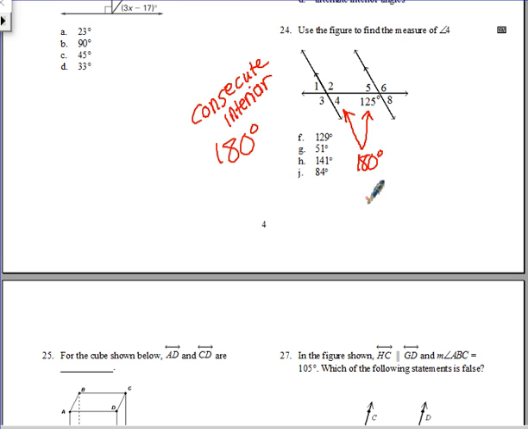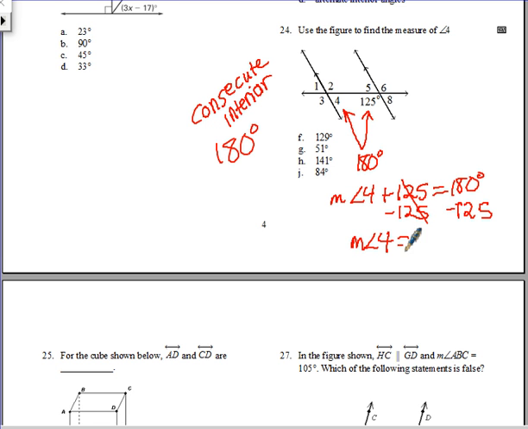So I have here the measure of angle 4 plus 125 equals 180. Subtract 125 from both sides, and we have the measure of angle 4 is equal to 55 degrees. So we know that the answer here is supposed to be 55 degrees. Okay, sorry about that.